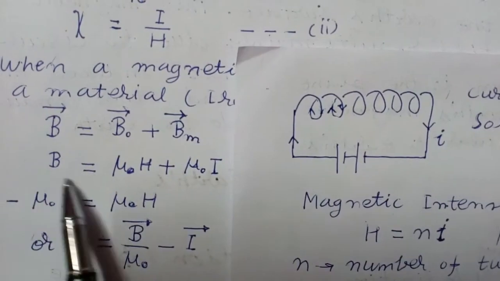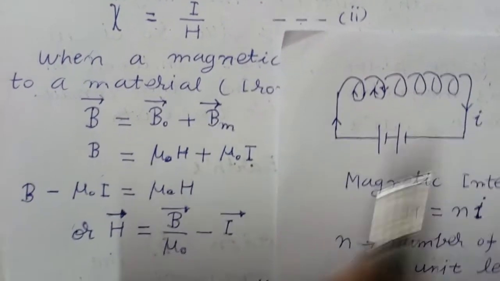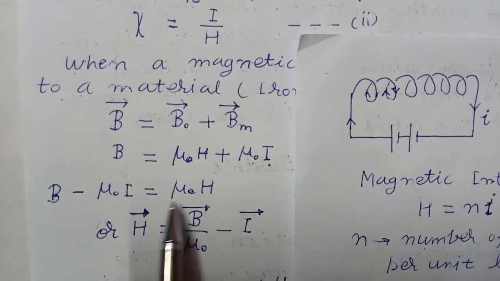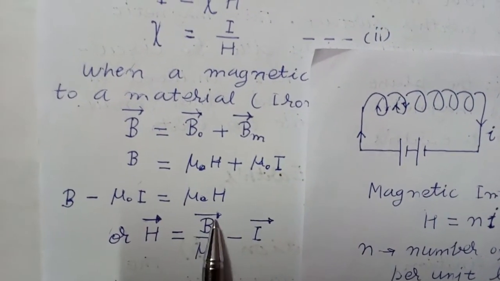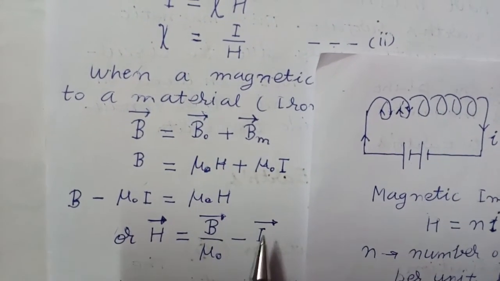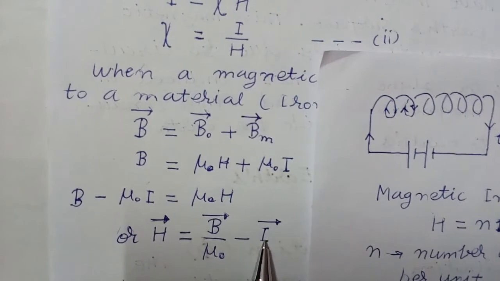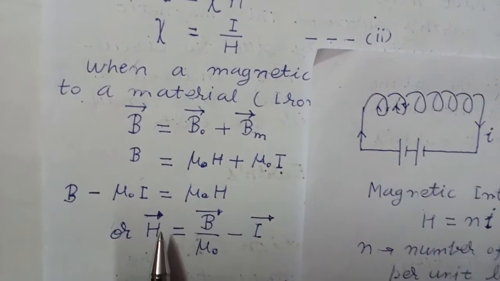So B is equal to mu naught into H plus mu naught into I. So B minus mu naught I is equal to mu naught into H. So H is equal to B upon mu naught minus I. So this is the relation between intensity of magnetization and magnetic intensity capital H.